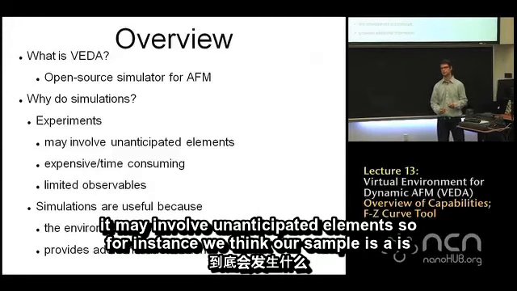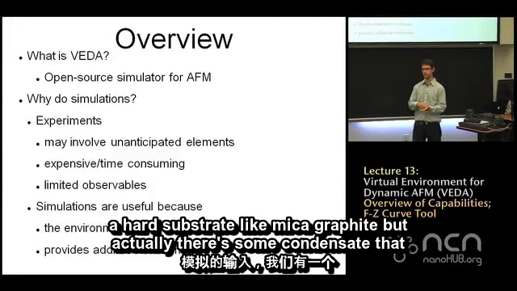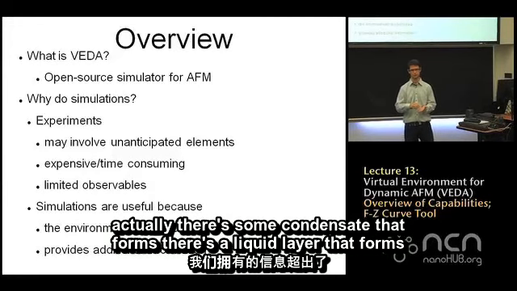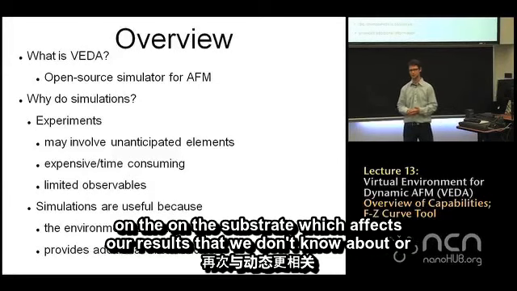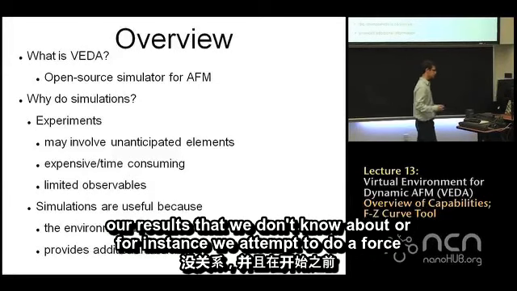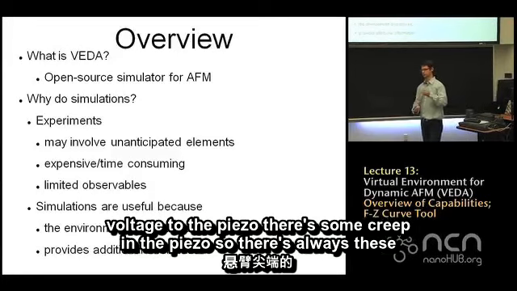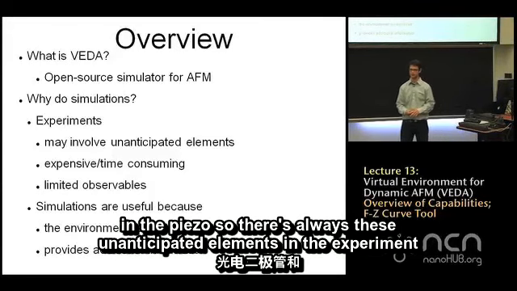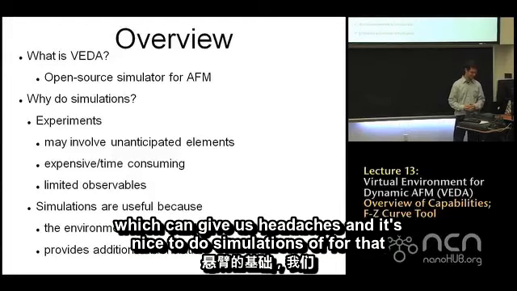So for instance, we think our sample is a hard substrate, like mica or graphite, but actually there's some condensate that forms, a liquid layer that forms on the substrate, which affects our results that we don't know about. Or for instance, we attempt to do a force distance curve, but when we apply the voltage to the piezo, there's some creep in the piezo.